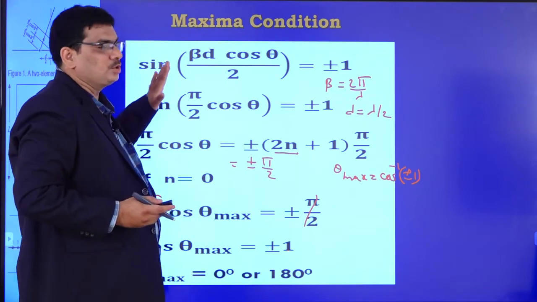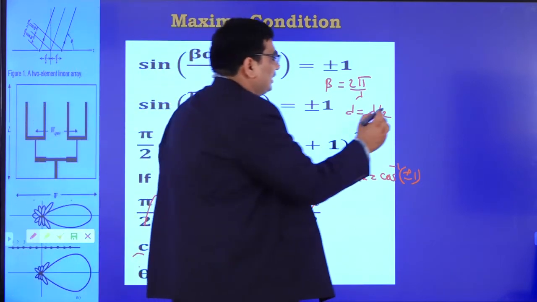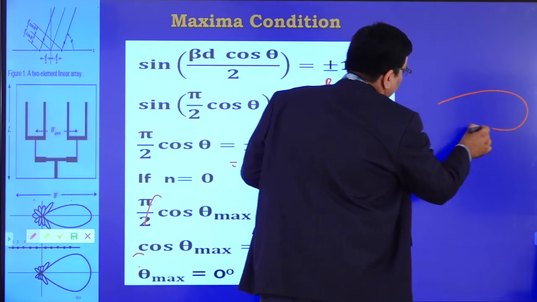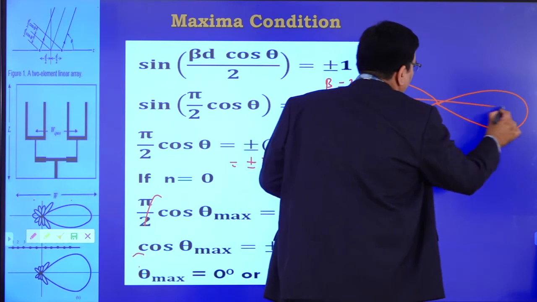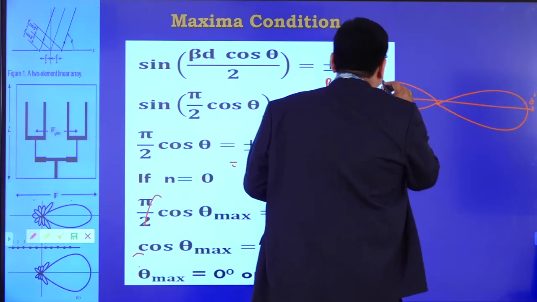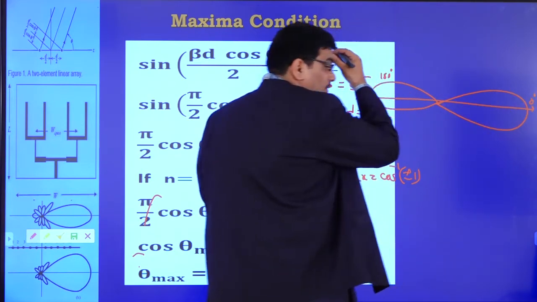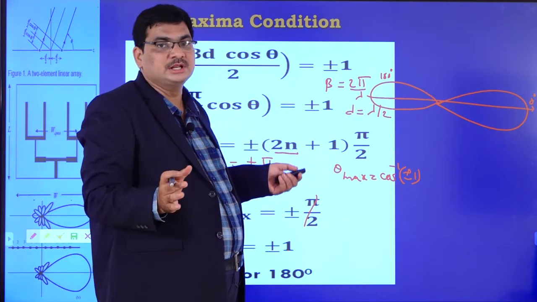So the maxima are at θ equal to 0 degrees and θ equal to 180 degrees. This is the maxima direction when both elements have equal magnitude but opposite phase.